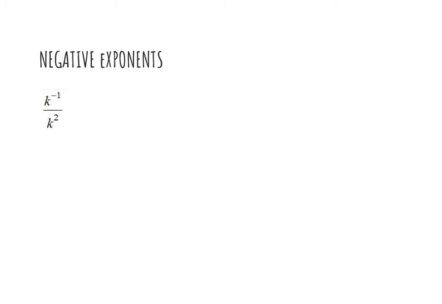So let's look at an example. Whenever I have negative exponents, it can be very confusing dealing with negatives, so we should just rewrite it. So I have this fraction. Because this k is being raised to the negative 1 power, I'm going to move it to the denominator. So really this means k to the second power times k to the 1 power.